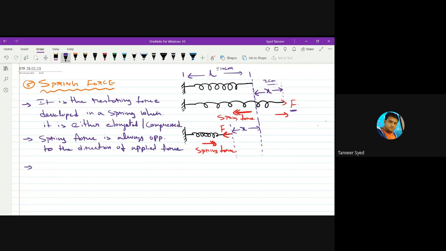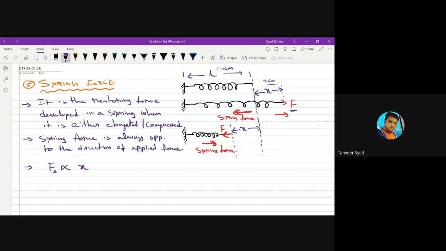Another thing is this spring force Fs is directly proportional to the elongation or compression. Pull the spring to a larger elongation, leave it, it comes back very quickly. Compress it very highly, leave it, it comes back very quickly.